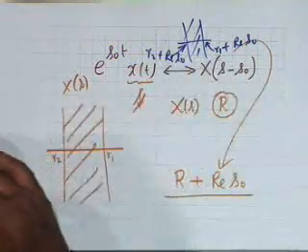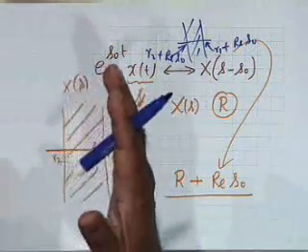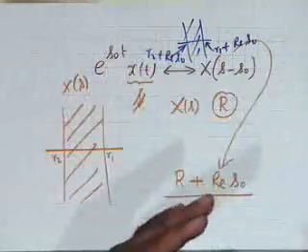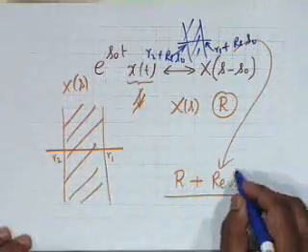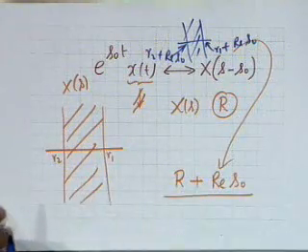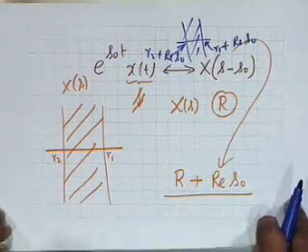Is this clear? The whole strip gets shifted either to the right or to the left, depending on the value of s naught. All right. The region of convergence, shape remains the same, width remains the same, physically it gets shifted.